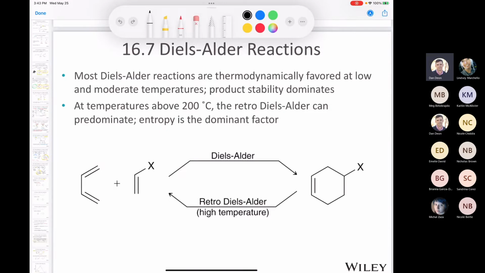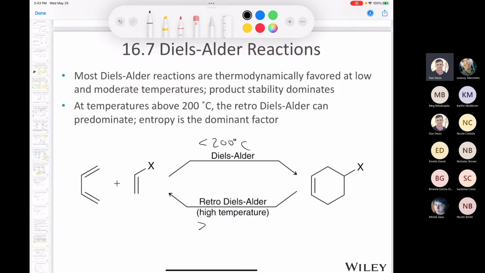Check it out. It says that most Diels-Alder reactions are thermodynamically favored at low to moderate temperatures. Why? Because product stability is going to dominate. However, once you get to temperatures above 200 degrees Celsius, then what's going to predominate is what's called the retro Diels-Alder. So check this out. Just stop with me for a second and look at this. It's really neat. If you do the reaction at a temperature less than 200 degrees Celsius, you form the Diels-Alder product, everything is great.